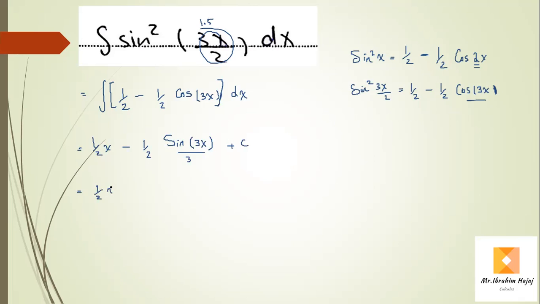Let's finalize it: half x minus 1 over 6 sine 3x plus c.